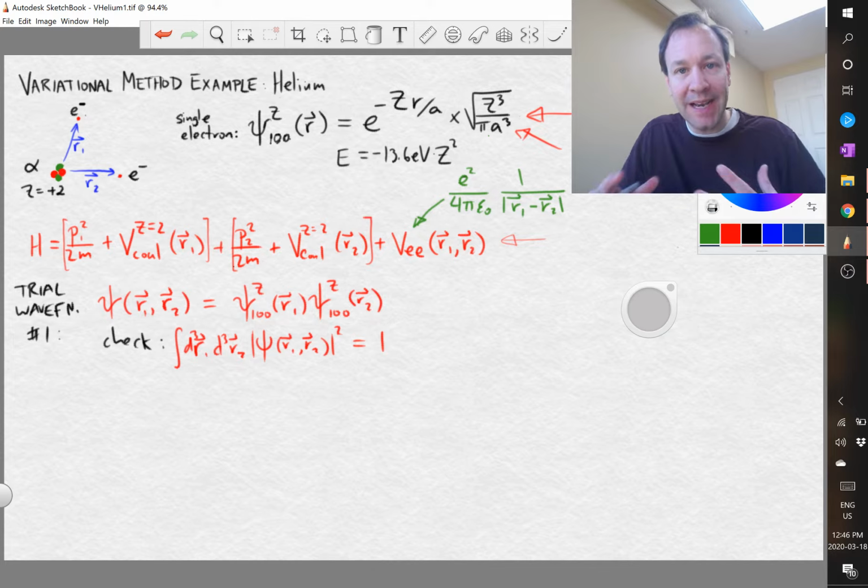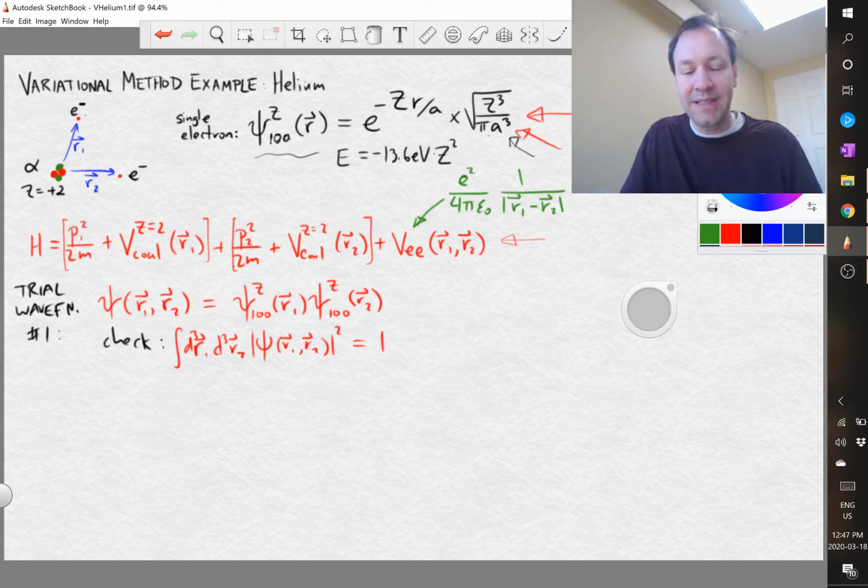In general, we might have to adjust the normalization, but in this case that integral splits up into a product of two integrals, and each one is just the one you would calculate to check whether the psi100 wave function is normalized, and that one is because we've included the normalization factor here. So that would be step 2.